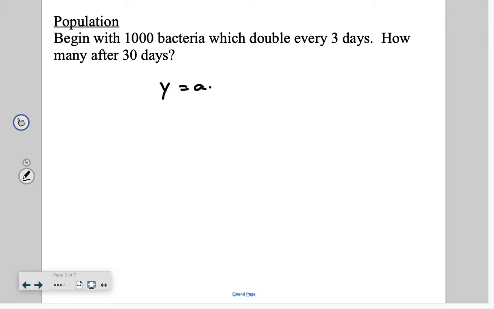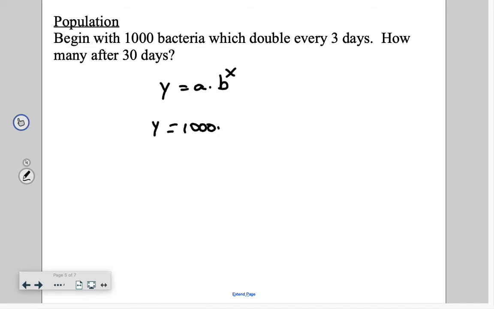Once again, y equals a times b to the x, if you think about it that way. What's my a value on this problem? Yeah, you're starting with 1,000 bacteria. So that's your initial value, that's your a value. Times, what's the b value? What's our multiplier? 2.